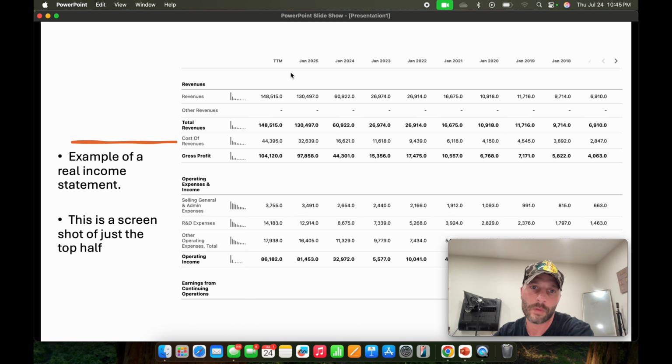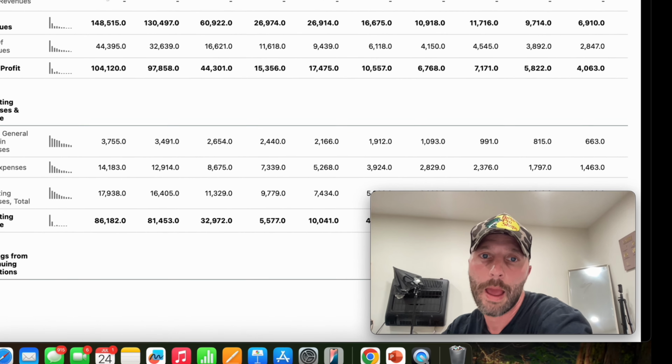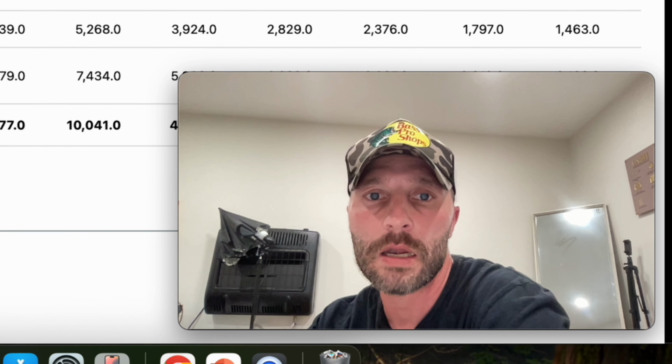And see how it says 148,000? This doesn't mean 148,000. It depends on the company. This is NVIDIA, so this is going to be in the billions. So that's 148 billion dollars, not 148 million, not 148,000. It's 148 billion dollars.